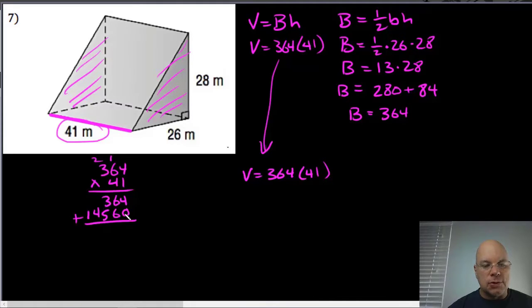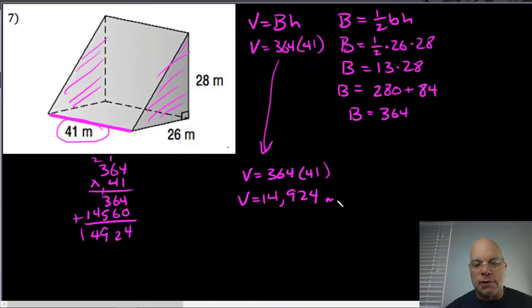The sum is 14,924, and our units are meters, so our units for volume are meters cubed.